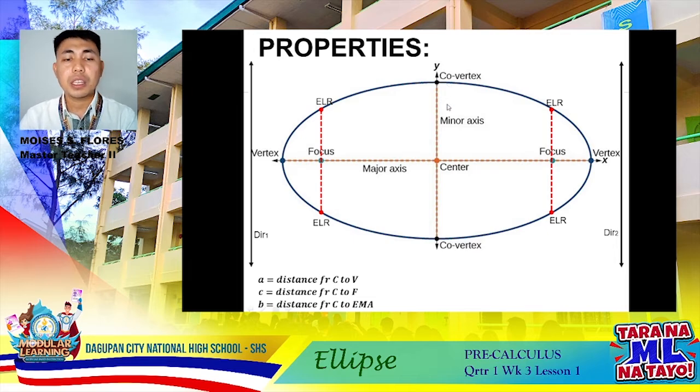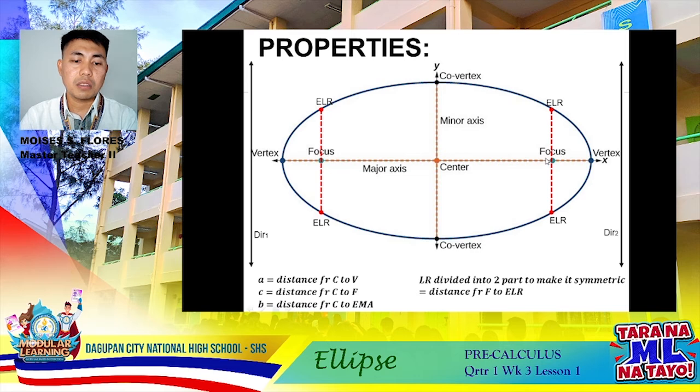The lines through the foci, F sub 1 and F sub 2, perpendicular to the major axis are called the lateral recta, and each has a length of 2b squared over a. To make it symmetric, we divide it by 2, and to locate the ends of the lateral recta, or ELR, we start from the focus.